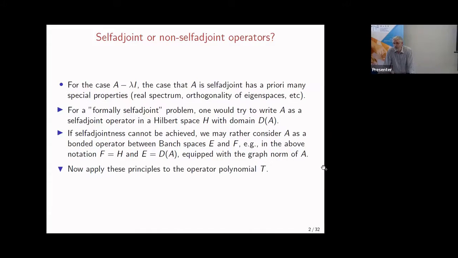Differential operators, which are self-adjoint, are unbounded, and in that case one can actually take that operator as an operator from the Banach space E. The Banach space E is the domain of A equipped with the graph norm, into the original space F equal to H. So that one can do easily with a single operator, and now we can apply the same principle to an operator polynomial L.